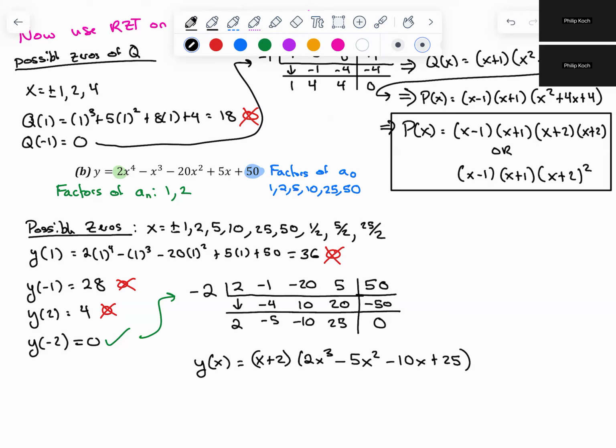Any questions so far? And I know this is tedious, but at the end of the day, it is marvelous because it gives us a way to factor when we couldn't before. And yeah, it's not great. It's not efficient by any means, but it's the best that we can do.